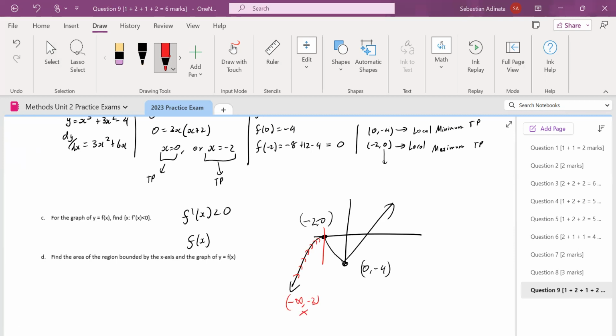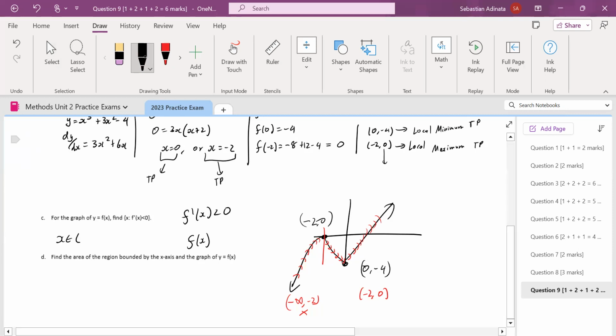From -2 to 0, we can see it is decreasing. And from 0 to infinity, you can see it's increasing. So that would mean that the graph is decreasing when x is in between -2 and 0. Cool.